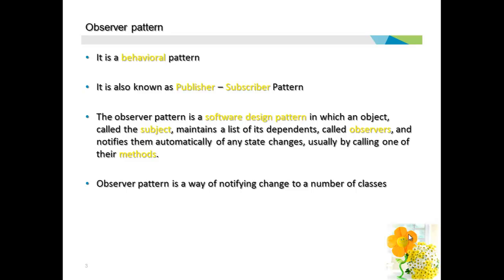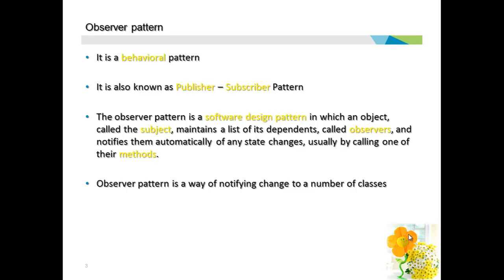So here the post office is called the subject or publisher. The other name for publisher is subject. And we are observers. So you are an observer. And what does an observer need to do? The observer needs to subscribe with the publisher, meaning you need to subscribe yourself with your local post office.